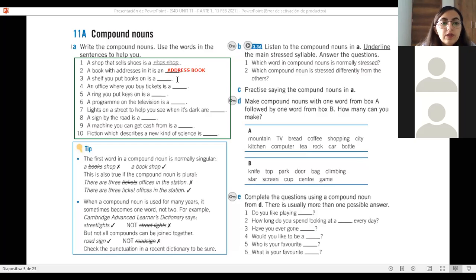So let's continue with number 3. A shelf you put books on it is a, what would be the right answer?